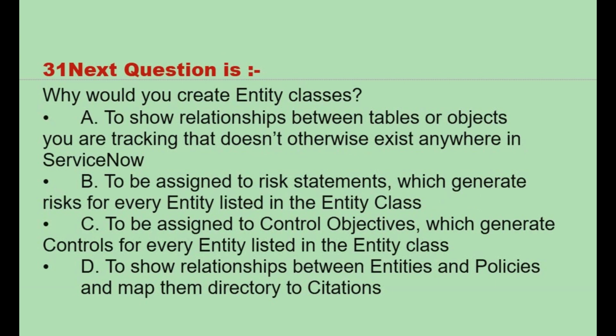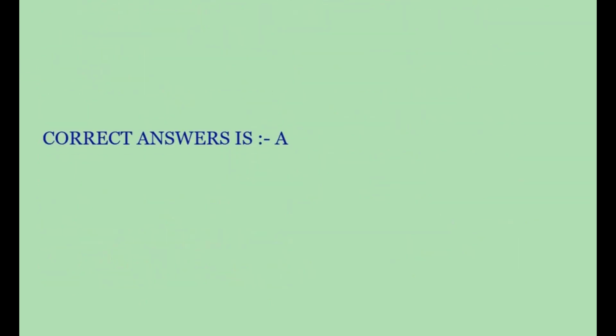Option C, to be assigned to control objectives which generate controls for every entity listed in the entity class. Option D, to show relationships between entities and policies and map them directly to citations. Correct answer is option A.